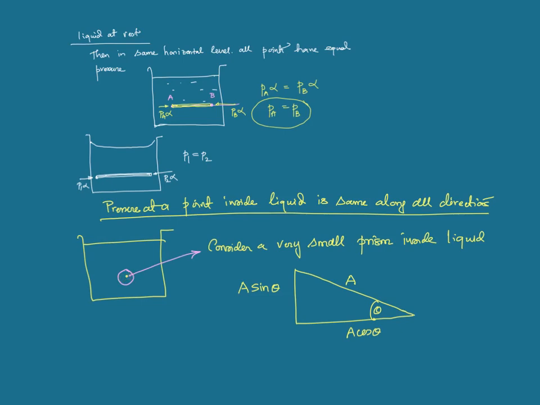If you zoom in on this point, you see this prism having a certain angle theta. The area is A; this face has area A sine theta, this face has an area of A cos theta, and suppose the pressure from this side is P, so this force is PA. Pressure from the vertical side, suppose it is P1, so this is P1 multiplied by A sine theta, and pressure from here be P2, so P2 into A cos theta.